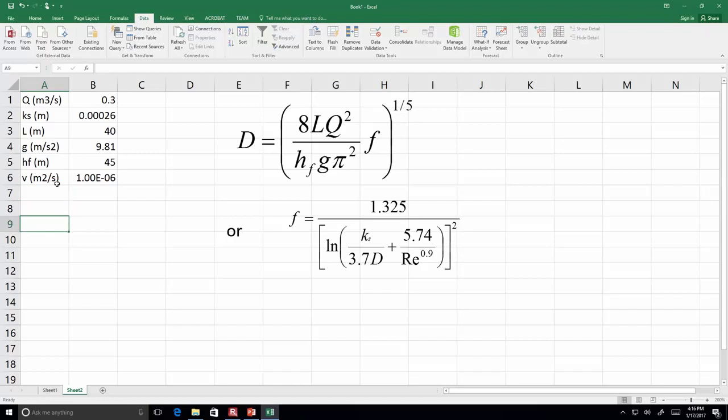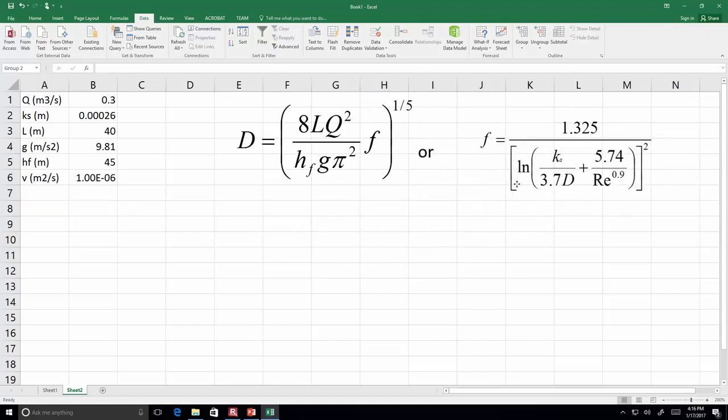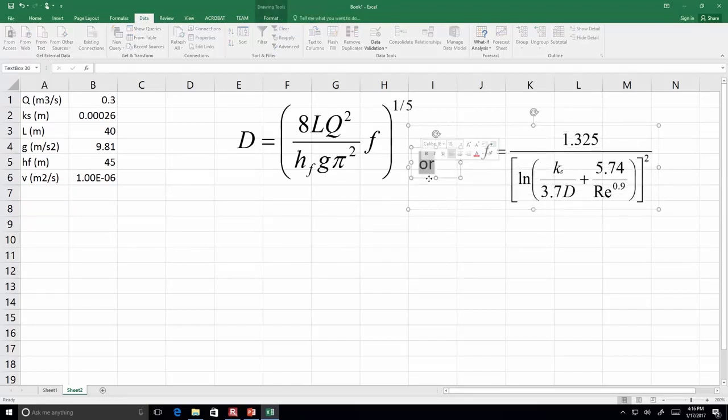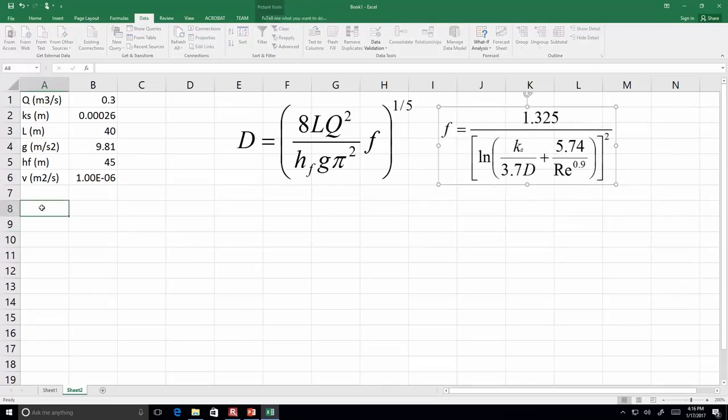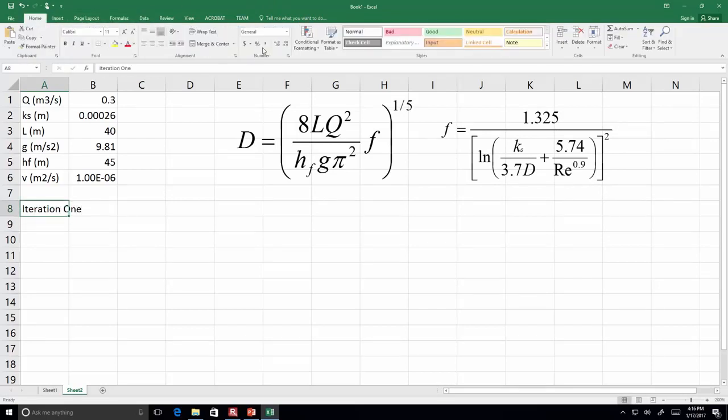All right. Okay, starting off with iteration 1. We're going to, first of all, assume an F value.